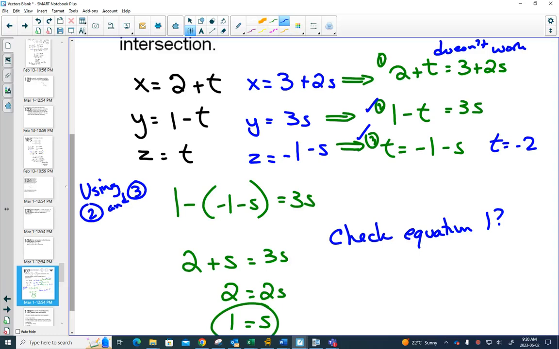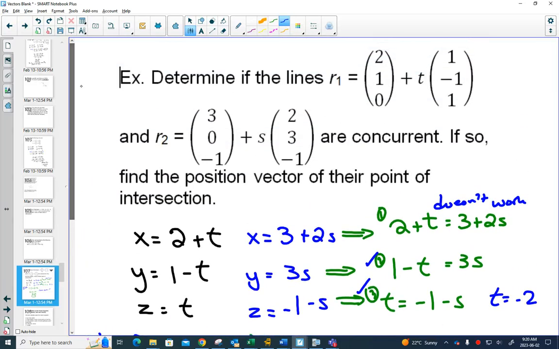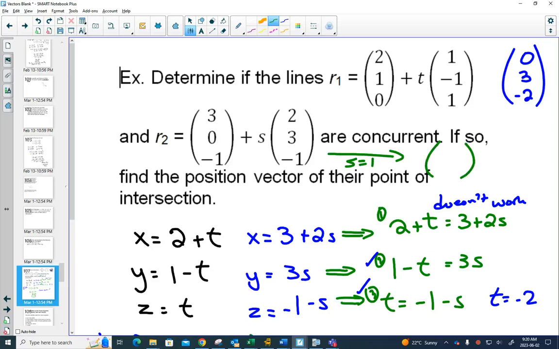And if we try to plug it into the original equation, okay, notice if I plug in t is negative 2, the point that I get is 0, 3, negative 2. And for line 2, if I plug in s is equal to 1, I'm going to get 5, 3, and negative 2.